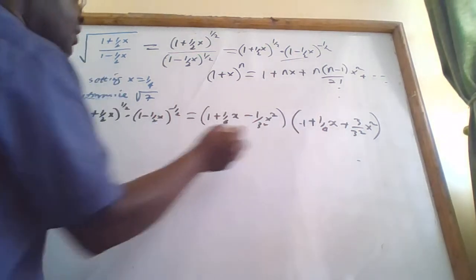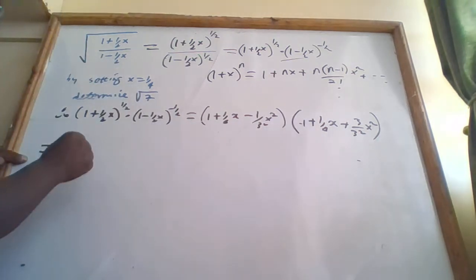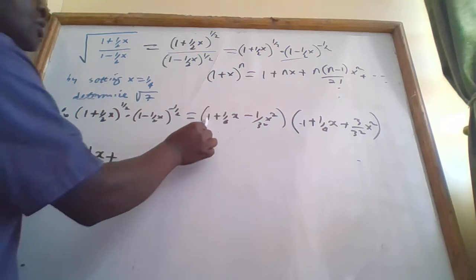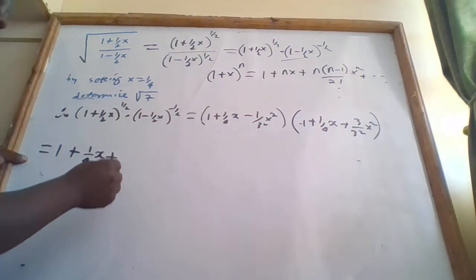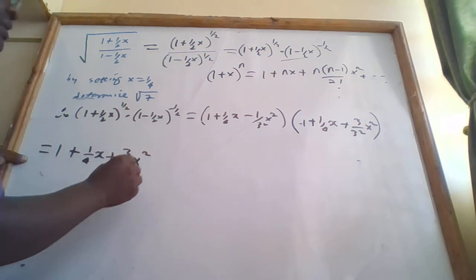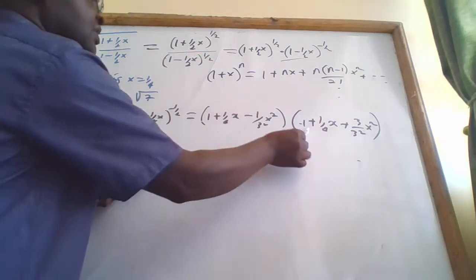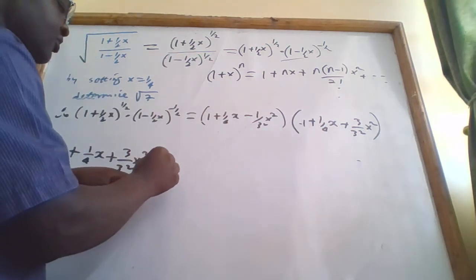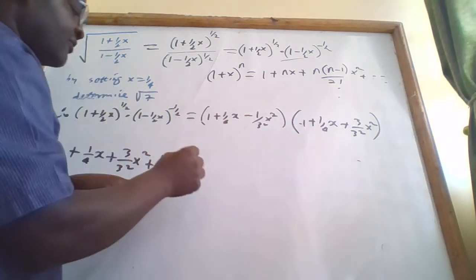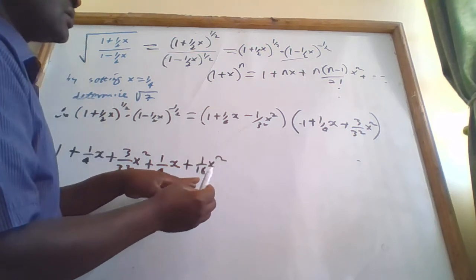Now 1 times 1, we have 1, plus 1 times 1 all over 4x, we have plus 1 all over 4x, then plus 1 times 3 all over 32, we have 3 all over 32x squared. Plus now 1 all over 4x times 1, we have plus 1 all over 4x. 1 all over 4x times 1 all over 4x, plus 1 all over 16x squared.